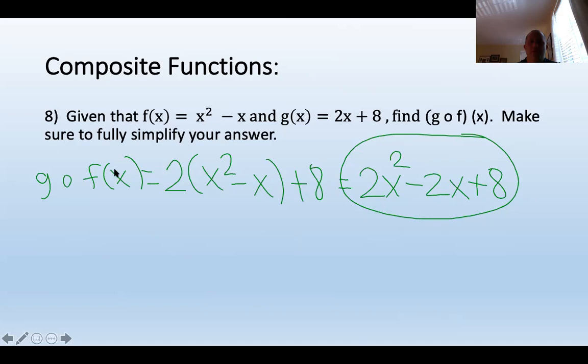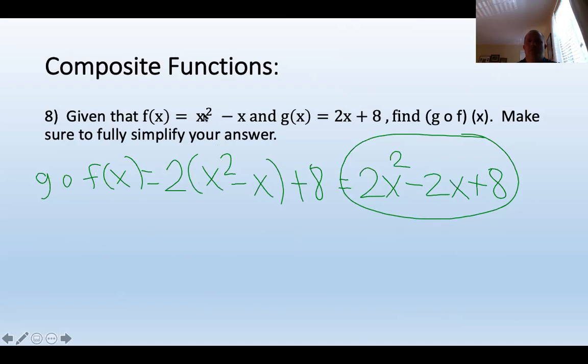F of x would be the input variable or the independent variable for g of x, is what this function composition is. So to find this function composition g of f of x, we want to substitute f of x into the input variable for g of x. So you'd have g of x is 2x plus 8.